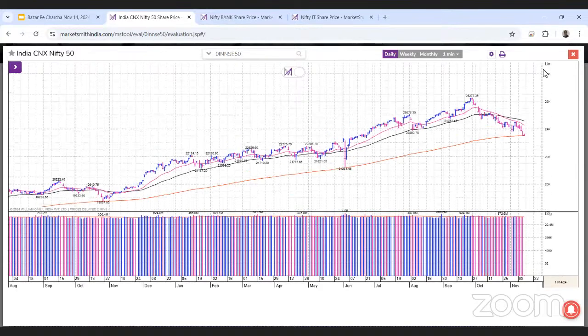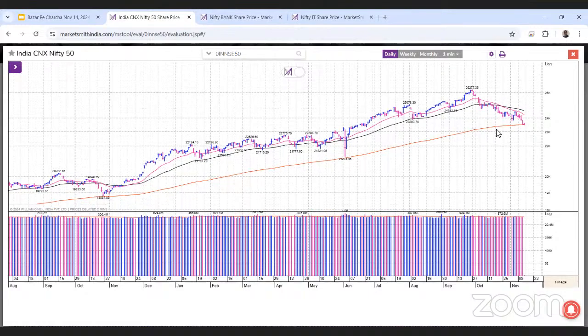I'm assuming you have already attended our previous Bazaar Pe Charcha session, and last week our analysis about the market, which we gave in video format, a 10-minute video recording that we shared on various media platforms like Twitter, etc. In that, and even in the last Bazaar Pe Charcha, we analyzed the market and expected this kind of level, the 200 DMA.